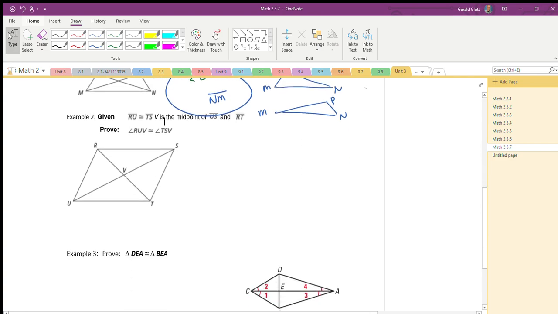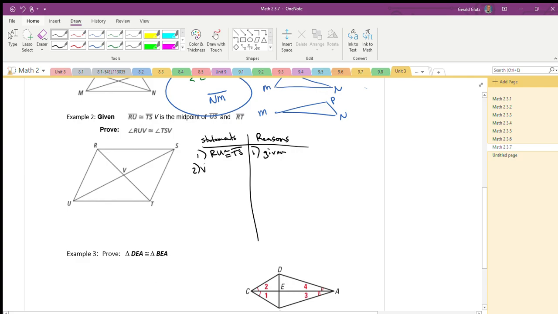So in example two, oh, we got a proof, yay. I know you guys are excited. So our statements go on the left, reasons go on the right. So first thing we always do is write whatever's given to us. So RU is congruent to TS.